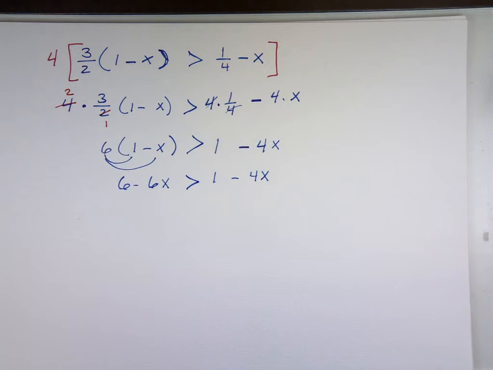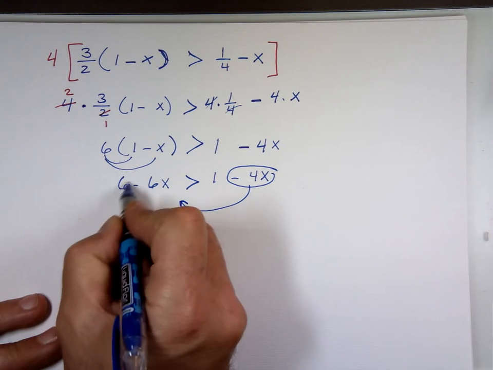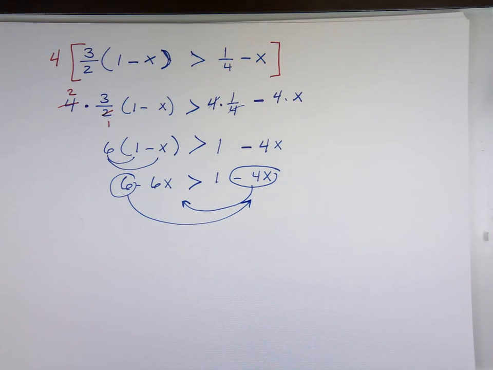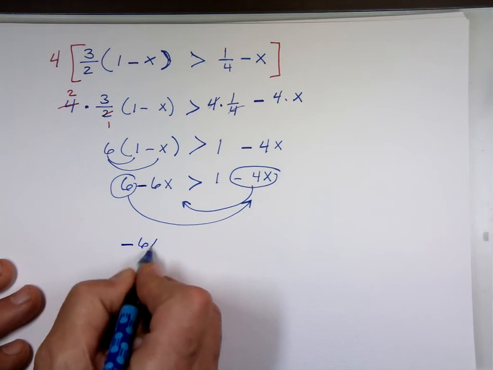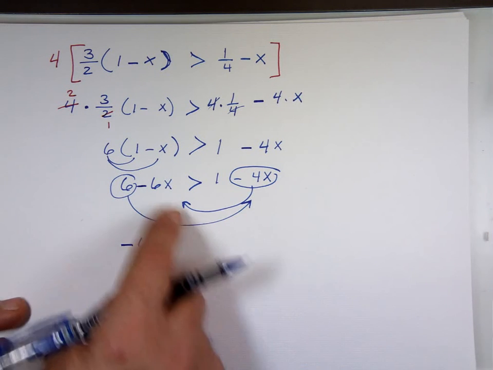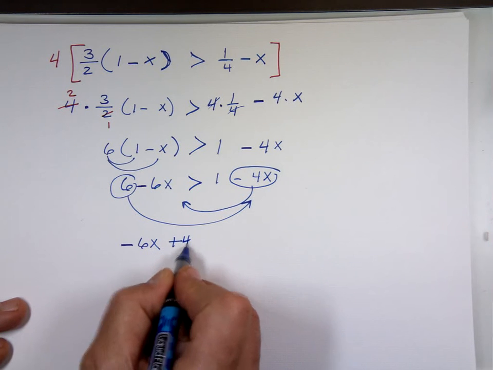All the x's on one side, all the numbers on the opposite side. Notice that's a minus 6x. That's not going anywhere, so the sign of that's not going to change. But the negative 4x when it comes to this side becomes positive 4x.